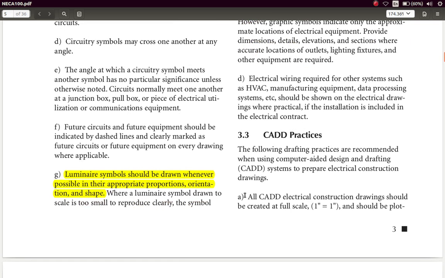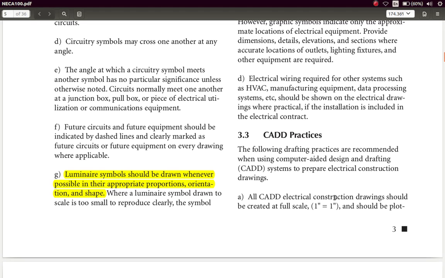Alright, the following drafting practices are recommended when using computer aided design and drafting, that's CADD, systems to prepare electrical construction drawings. So of course the use of the computer is becoming a lot more popular in doing both building and electrical and mechanical drawings.